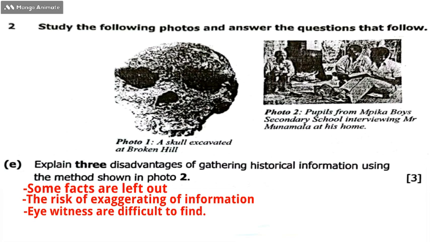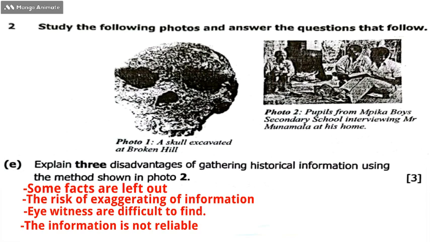In some instances you find that the information you are gathering from people is not even reliable. Why? For instance, two people were present when something was happening.